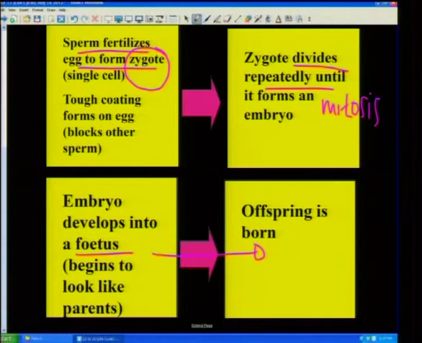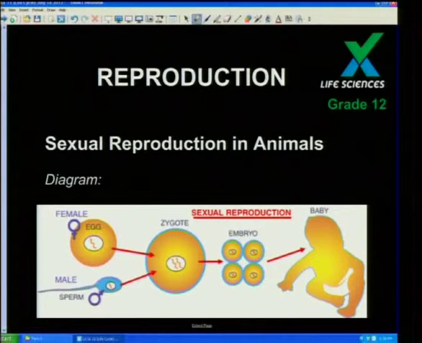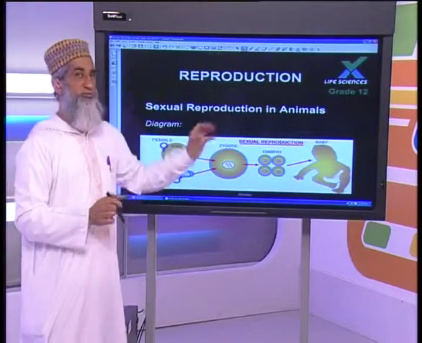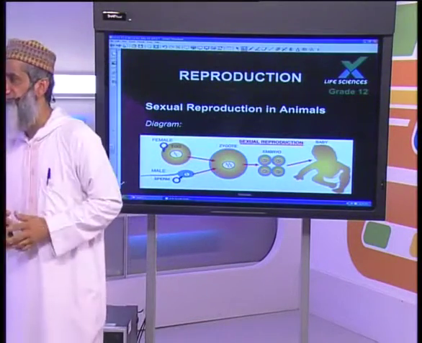Obviously, this is typical of mammals and other viviparous organisms. There's a diagram showing you, I didn't disappoint you, I did show you one diagram on sexual reproduction. There you have the sperm, the egg, fertilization takes place, zygote becomes the embryo becomes a baby in our case. I would not go further than this slide. I hand over to Ty.